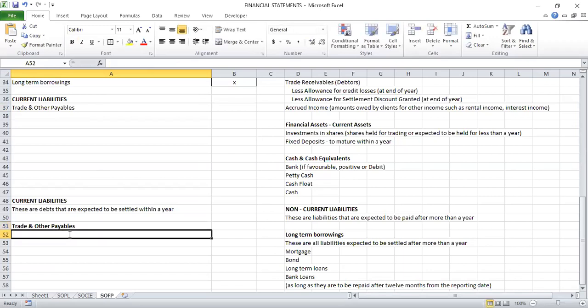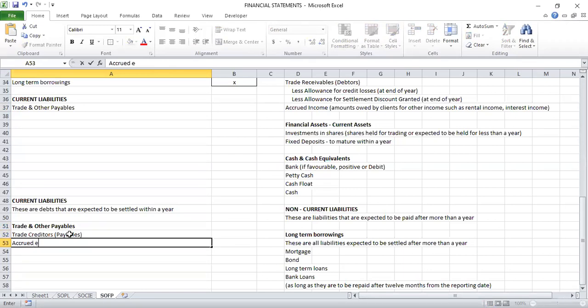We talk about trade creditors or trade payables, and accrued expenses. That is expenses incurred but not yet paid at reporting date.